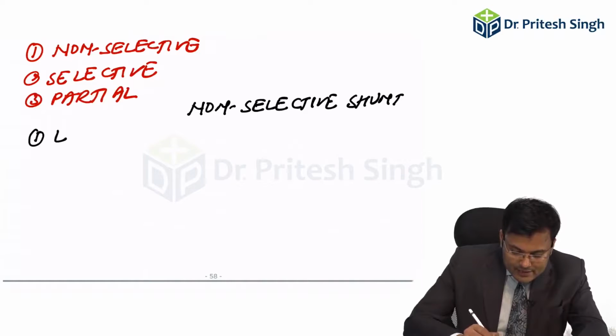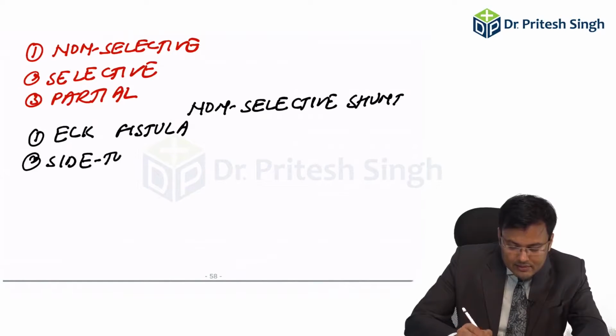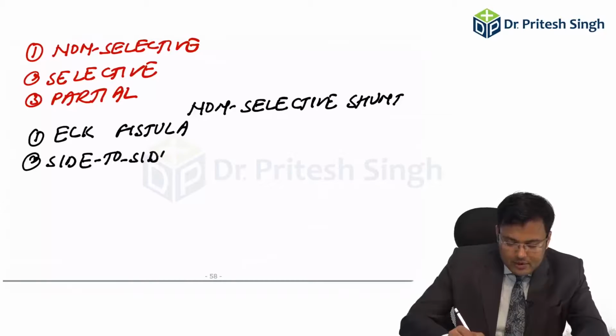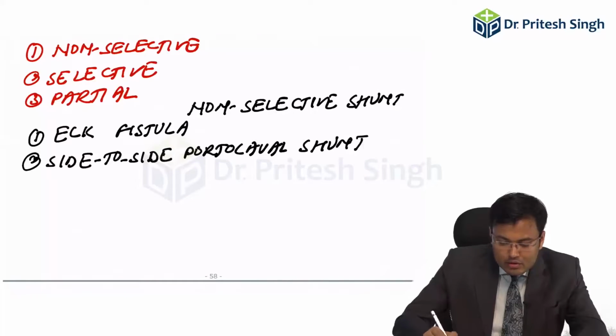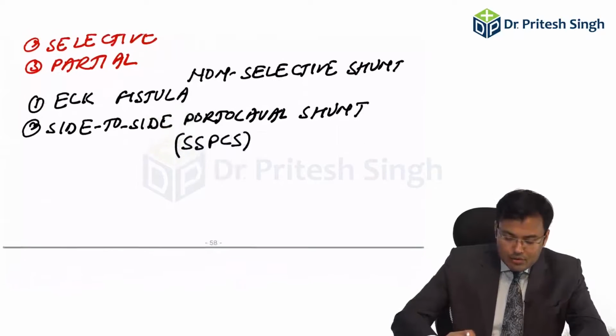First is Eck fistula. Second is side-to-side portocaval shunt. This is also known as SSPCS. So, side-to-side portocaval shunt.